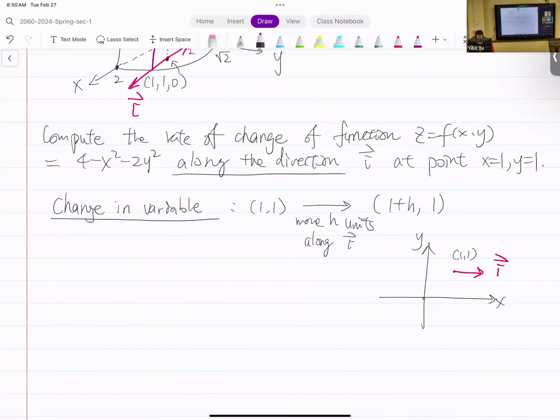So we have the changing variable, and then we have the changing output, the change in functional value. And the change is, of course, just the latter output minus the previous, right? So it should be f of 1 plus h, 1 minus f of 1, 1.